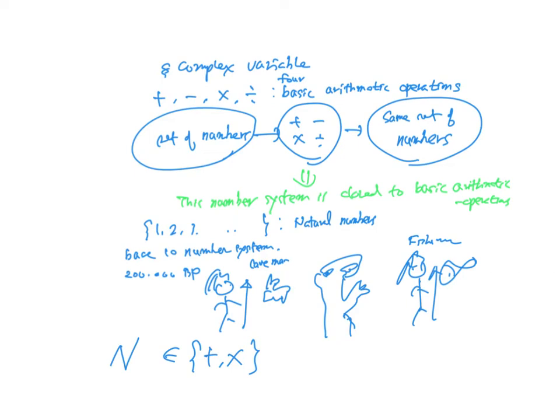Integers. -1, -2, 0, 1, 2. So the integer system, you can add, right? You can multiply.